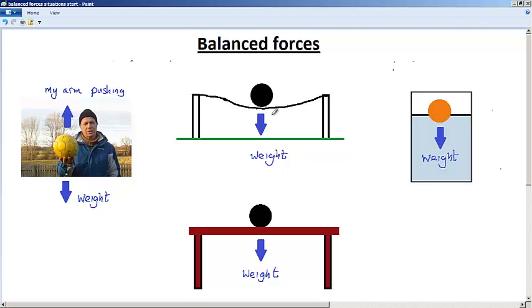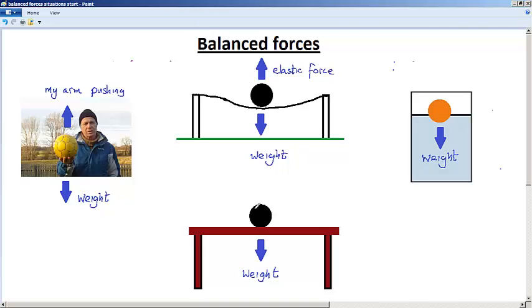It will stretch the trampoline until the elastic force produced by the stretched trampoline exactly balances the weight of the ball. So in this case we have what we call the elastic force.